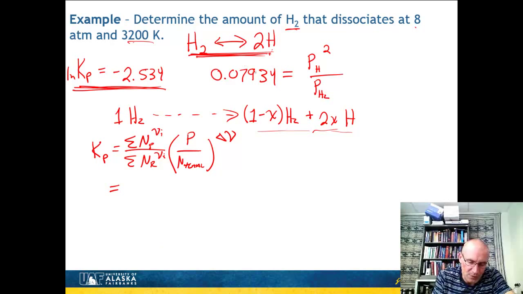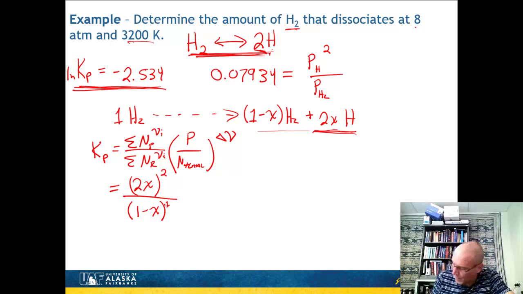How many moles of product do I have? I've got 2X in my equilibrium composition, raised to the stoichiometric coefficient, which is 2, so 2X squared. For the reactant, I've just got the H2, and the number of moles I have at equilibrium is 1 minus X, to the 1 power, the stoichiometric coefficient. And the pressure was 8 atmospheres.